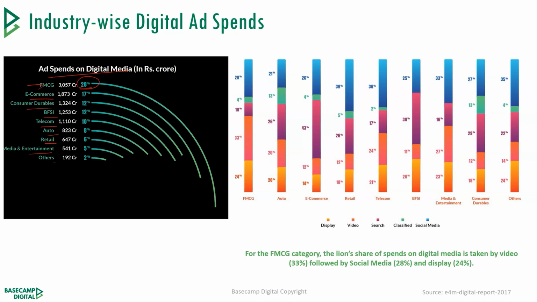And then on the other side, what I'm showing is that the FMCG category has the lion's share of spend on digital media. It's taken by video 33%, followed by social media and display. So we are clearly giving a direction to a client saying that as an industry, if you're in FMCG, video is really dominating. So a good amount of FMCG clients are spending on video, right?